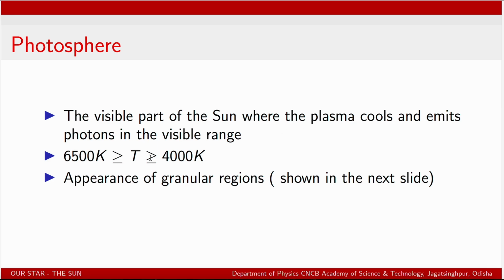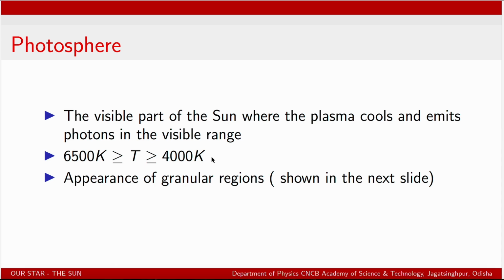The lower edge of the photosphere has a temperature of 6500 Kelvin and the upper edge has a temperature of 4000 Kelvin. Because of this low temperature and the nature of the plasma, the emission is in the visible region, and that is when we see the sun. We see the sun because of the photosphere.